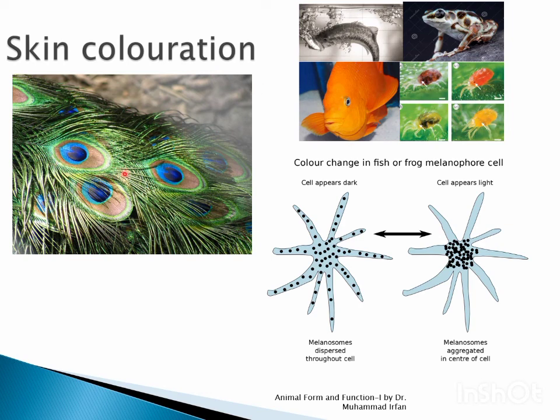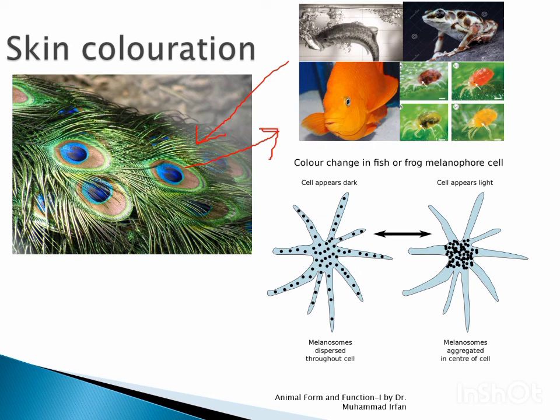Structural colors are those colors for which color pigments are not present in the skin or integument, like in insects, in birds mostly. These colors are produced by the physical structure of the surface tissue that reflects certain wavelengths of light and does not reflect others, so they produce color patterns.